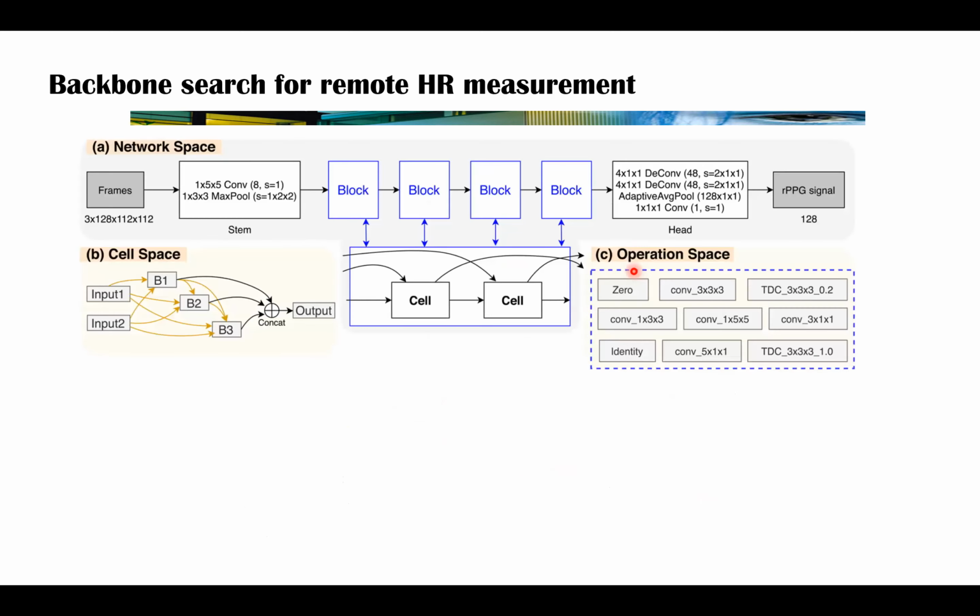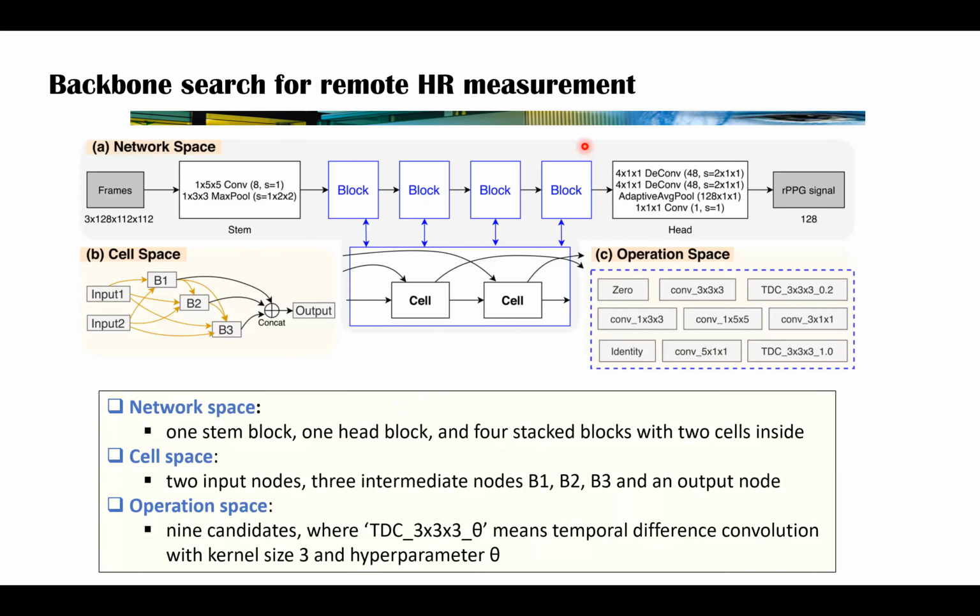And based on the temporal difference convolution, we design a new search space to search the optimal architecture for rPPG measurement. As you can see in the operation space, besides the traditional convolutions, for example the spatial temporal convolution and the spatial convolution, we also include our temporal difference convolution with two kinds of theta, for example theta equal to 0.2 and 0.1.0.